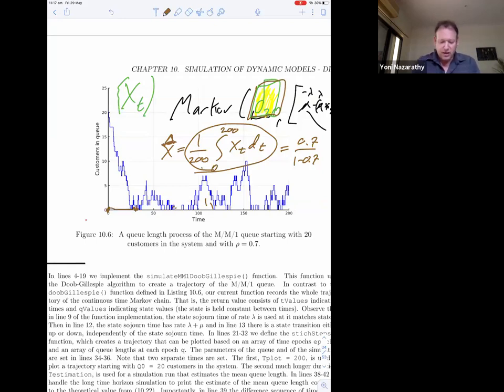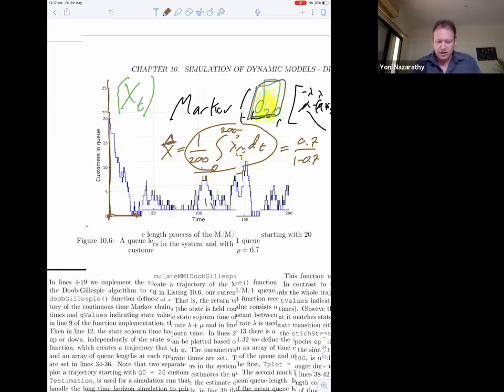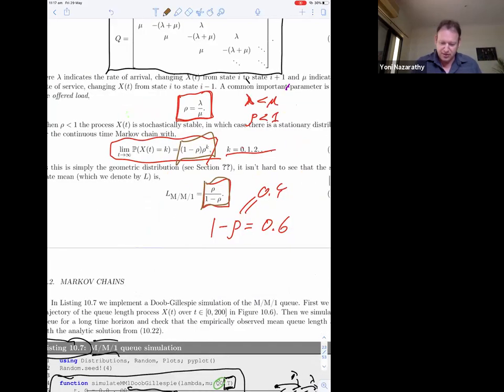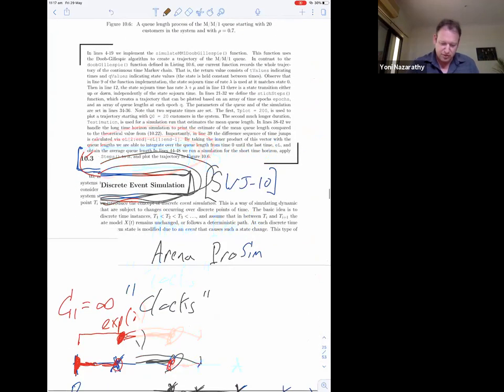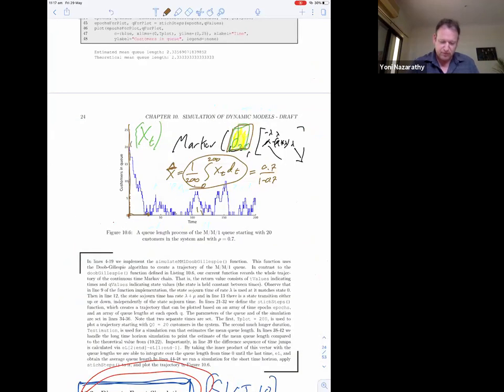What I could have done is start it at the stationary distribution. For the initial random variable, I could have chosen a geometric random variable to initialize. In that case, this would have been a stationary process.